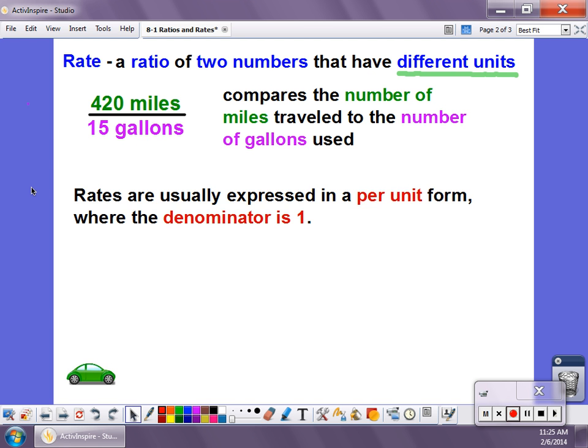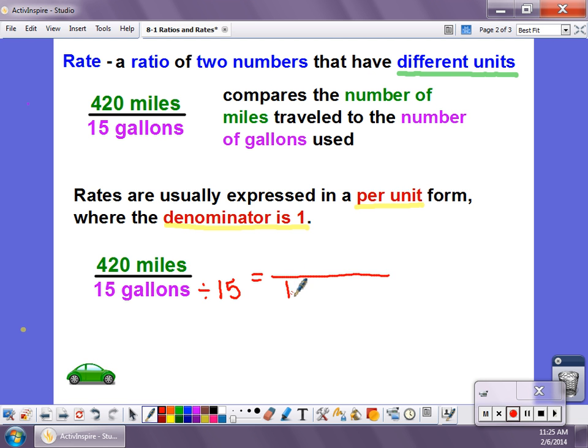A difference between rates and ratios is that a rate is usually expressed per unit, meaning that your denominator is 1. So instead of figuring out how much gas for 15 gallons, what we want to do is find out how many miles we drove for 1 gallon of gas. So we have to take this denominator and change it so that it only represents 1 gallon instead of 15 gallons.